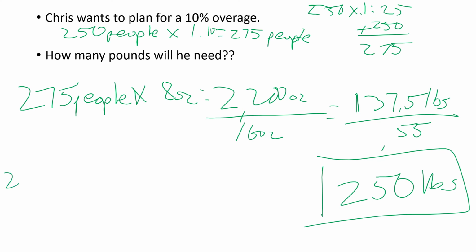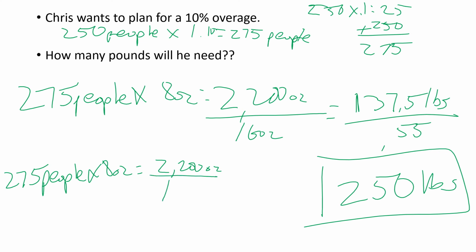So let me show you. 250 people times 8 ounces is 2,200 ounces. Okay. Now we divide by our 0.55. Gives me 4,000 ounces.